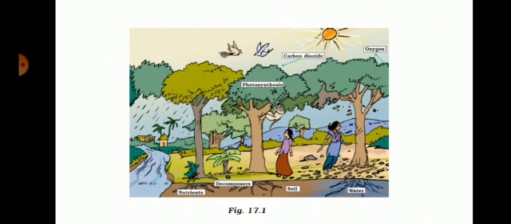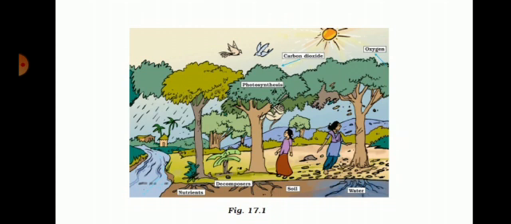So the vultures, crows, hyenas are called scavengers. So, what is a scavenger? Scavengers are animals which eat the flesh of dead and decaying organisms. The best examples, crows and vultures. Okay.